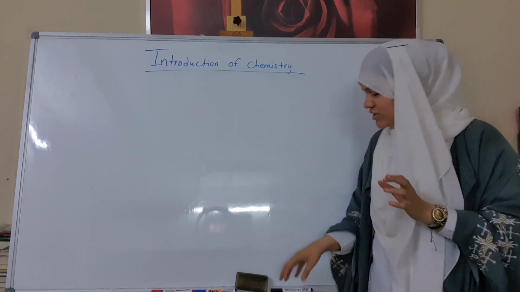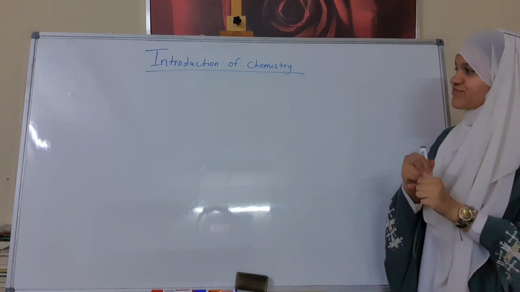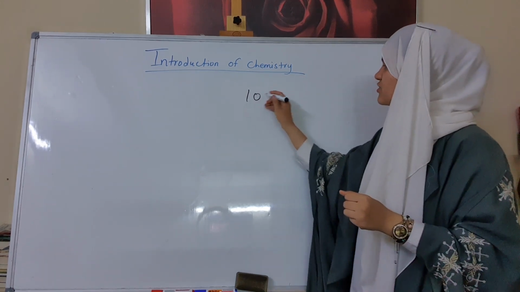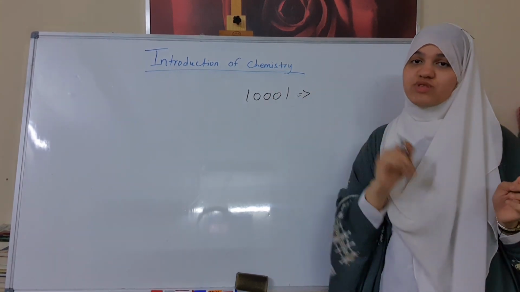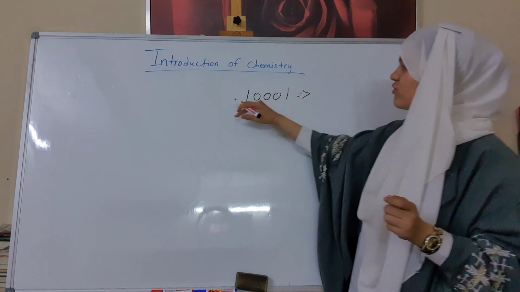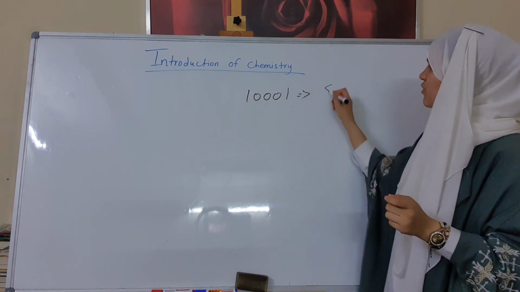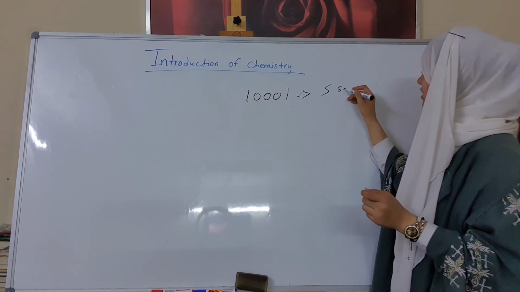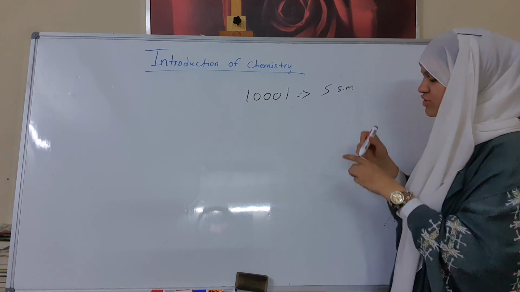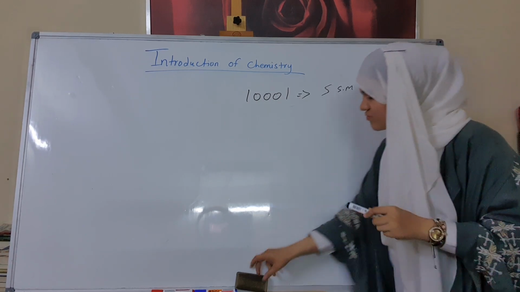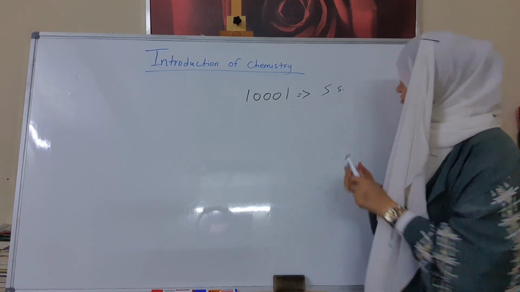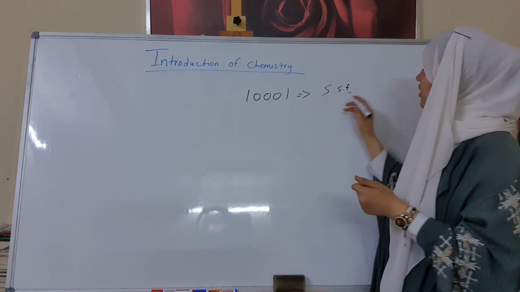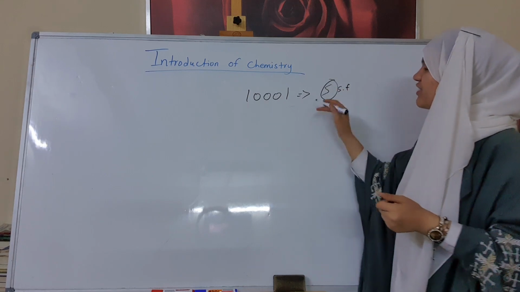But if it was, for example, 10001, here we can say how many significant figures we have. We have 1, 2, 3, 4, 5. We have 5. So significant figures, we can say SF, we have 5 right now.